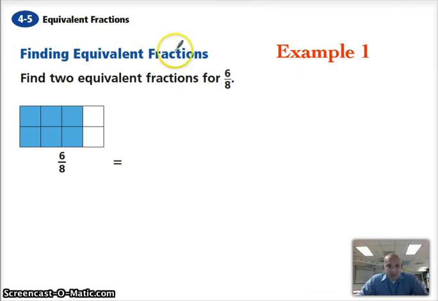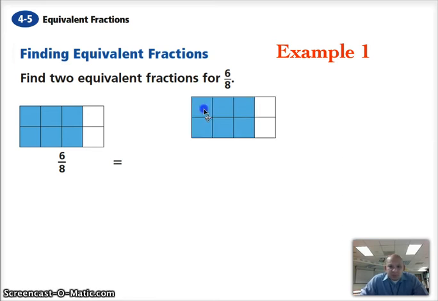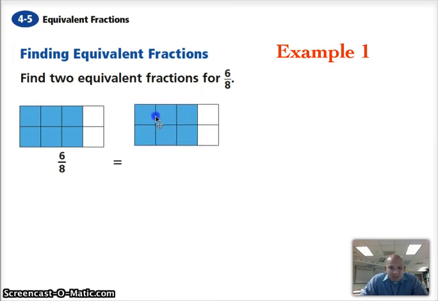First example, we have to find 2 equivalent fractions for 6 eighths. What we're going to go ahead and do is I'm going to drag in an identical diagram of the initial diagram and show you that we can look at it just slightly differently. Here we have 6 eighths, 8 total parts, 6 shaded. Same thing here.